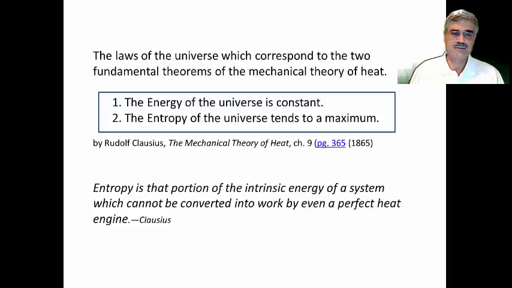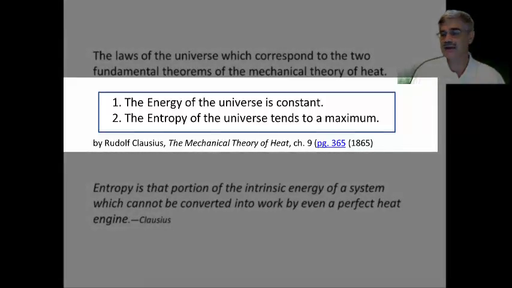Now, I want to wrap this up by essentially restating these two extremely important laws of the universe, the two fundamental theorems of mechanical theory of heat. These were expressed by Rudolf Clausius in 1865, and they are still essentially the way we phrase the first and second law of thermodynamics today. The first law: the energy of the universe is constant.